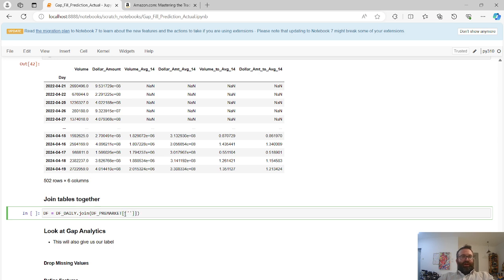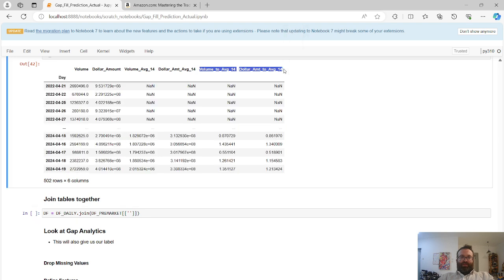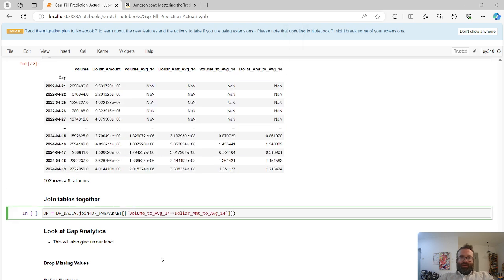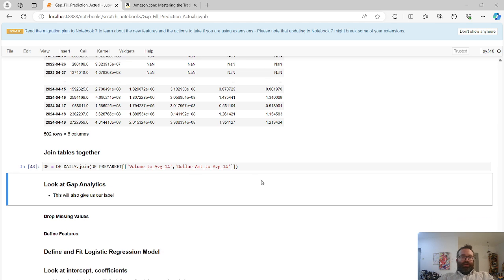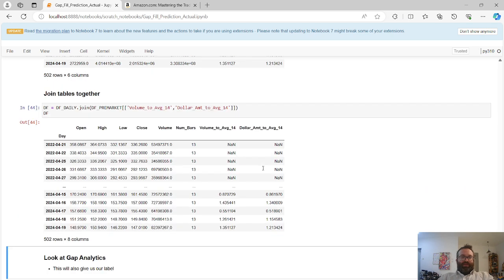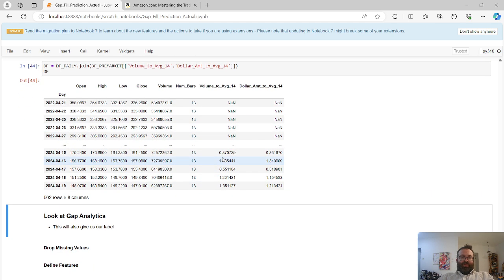What do we need? Let's just take the last two as the features. We'll take these two. Okay, so now this looks like this. Again, the first 14 are missing values.